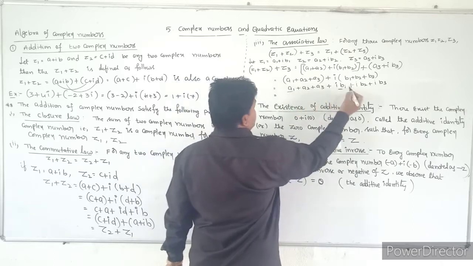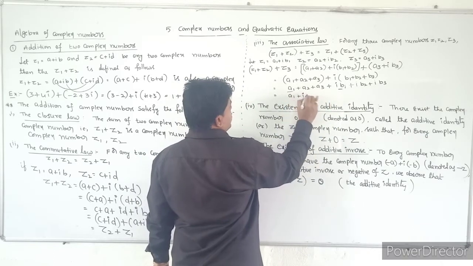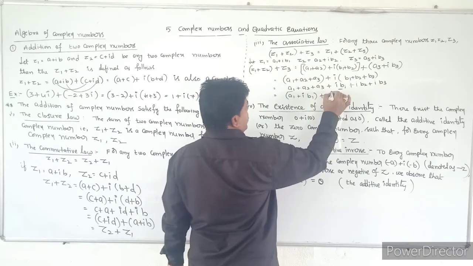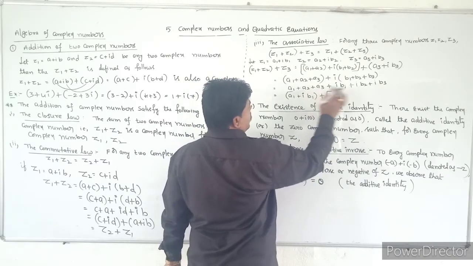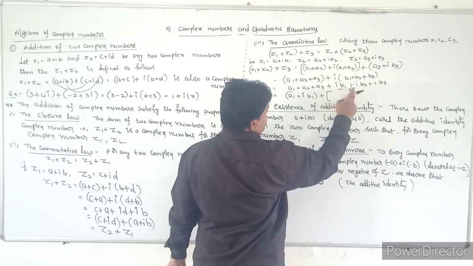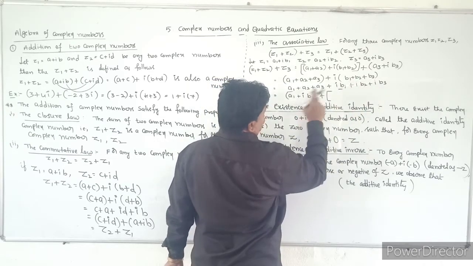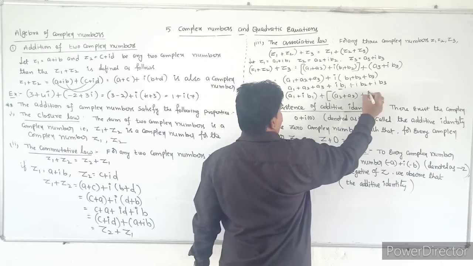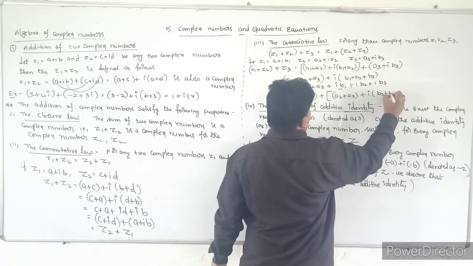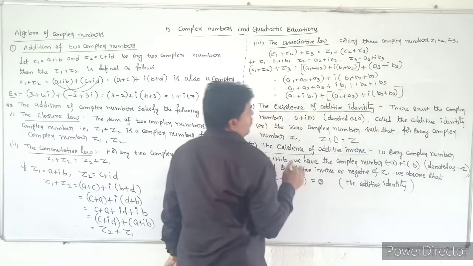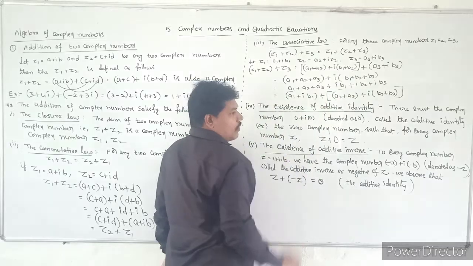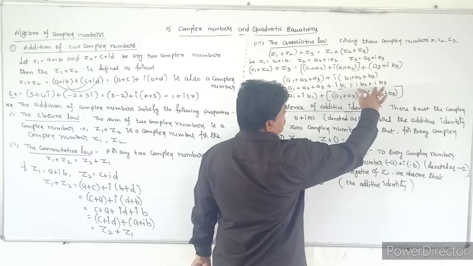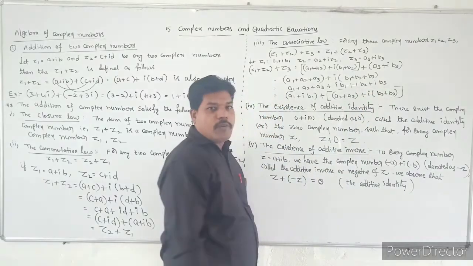First I will take these two numbers, that is A1 plus i into B1, plus the remaining number A2 plus A3, plus i into (B2 plus B3). For the remaining numbers, A1 plus iB1 I am taking out. The remaining numbers are A2 plus A3, plus, taking i common, i into (B2 plus B3).